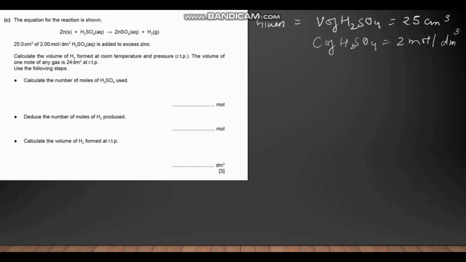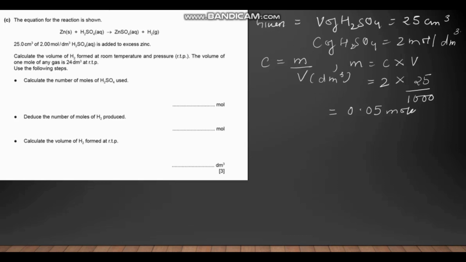Now, if I have to calculate the moles, the formula I use is concentration equals moles upon volume. So moles will be concentration multiplied by volume. Your volume should always be in dm³. Do remember this. So concentration is 2 multiplied by volume 25. To convert it into dm³, I have to divide it by 1000. Sorry, the number of moles will be 0.05.